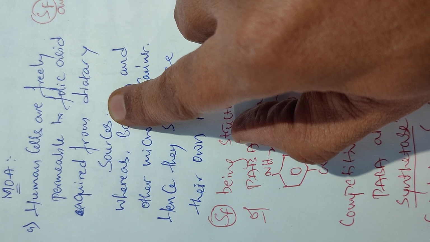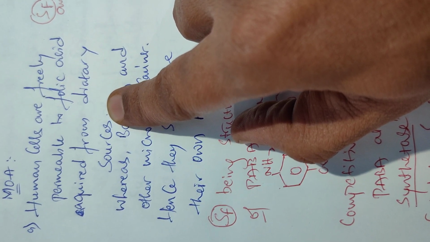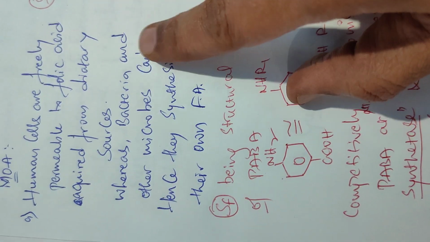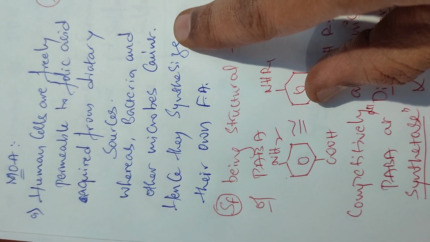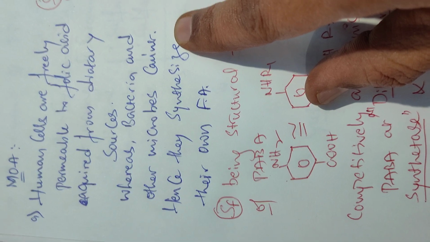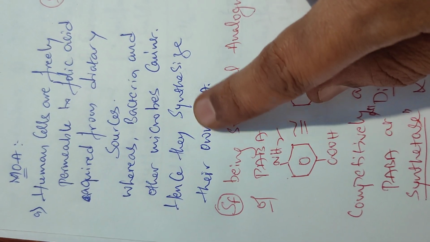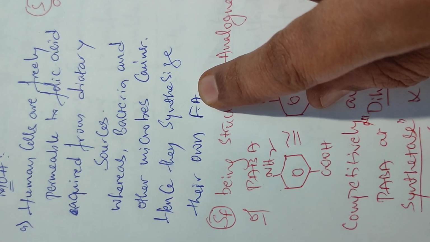Directly we can absorb it, assimilate it, and accumulate it in the body, and our cells take up this folic acid and use it for their purpose. Whereas bacteria and other microbes cannot take up folic acid. They are not freely permeable, hence they have only one alternative, that is, they have to synthesize their own folic acid.